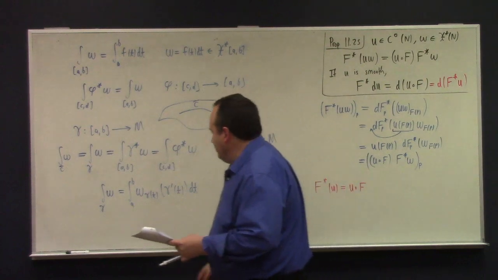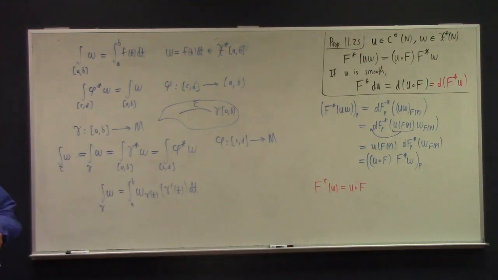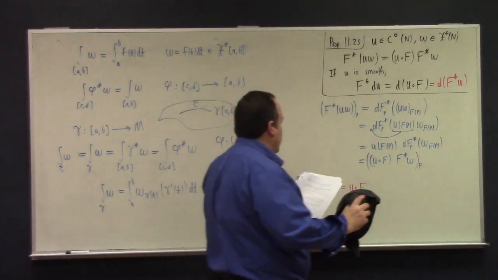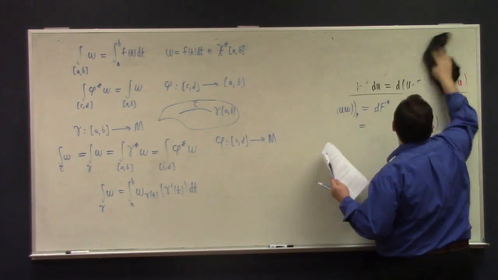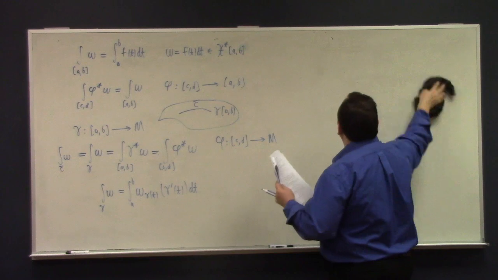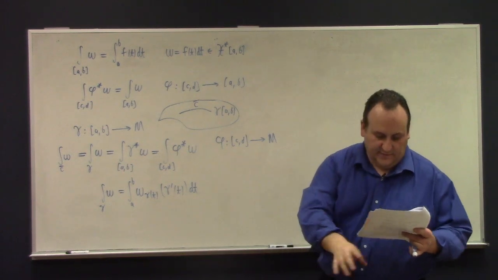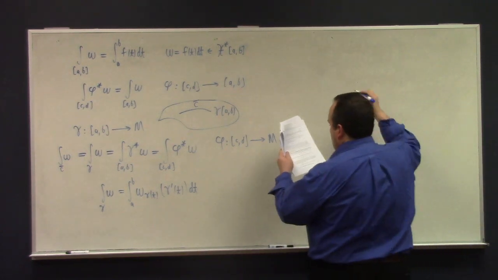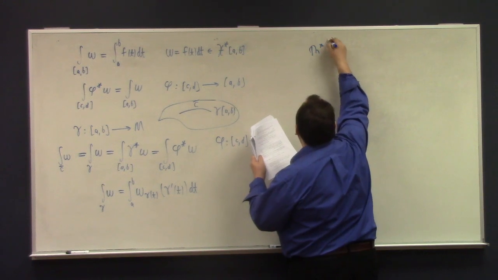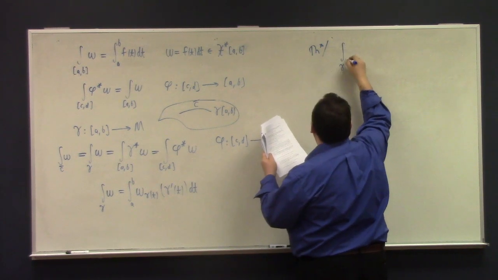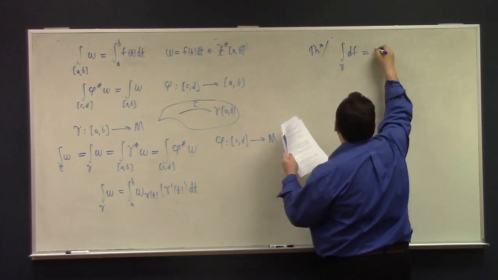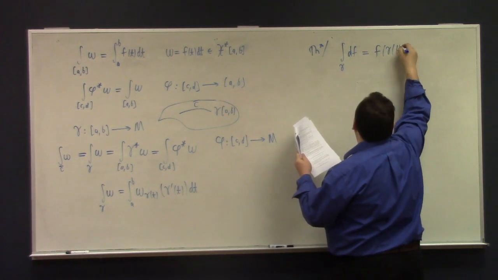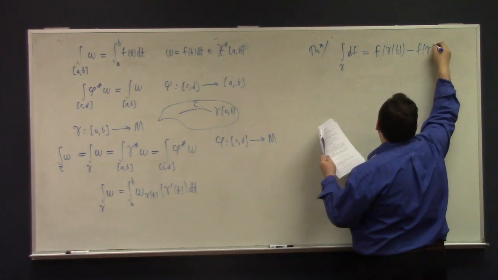And from this, he proves the fundamental theorem of calculus for line integrals. He gets that the integral over a curve of df is just equal to f of gamma of b minus f of gamma of a.